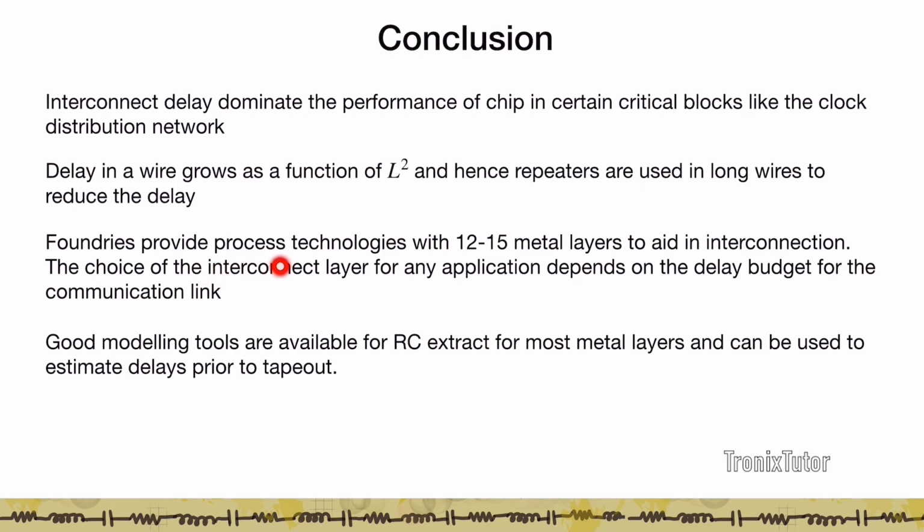Typically, process technologies have 12 to 15 layers which are used for interconnection, and designers choose the interconnect wisely depending on the slack that is available for the specific data path or connection. Good modeling tools are generally available for extracting the RC delays, and so generally we use Elmore to do hand calculations and then rely a lot on these extraction tools to extract the delays of large data paths.